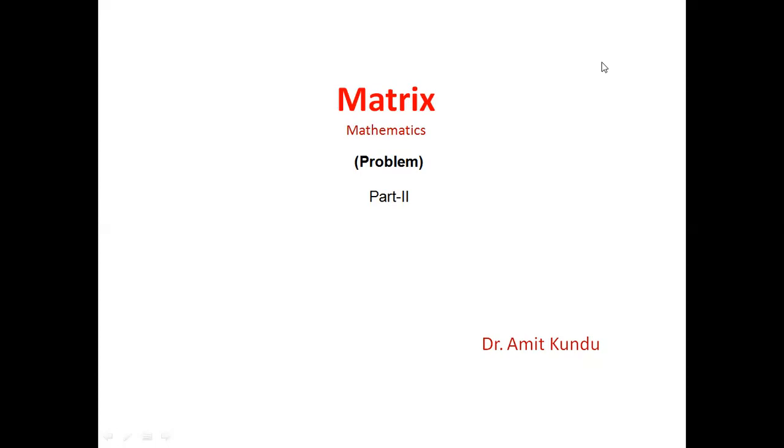In this lecture, I'll be discussing the problem of matrices. This is the problem: 2x plus y plus z equals 1, x minus y plus 2z equals minus 1, 3x plus 2y minus z equals 4.